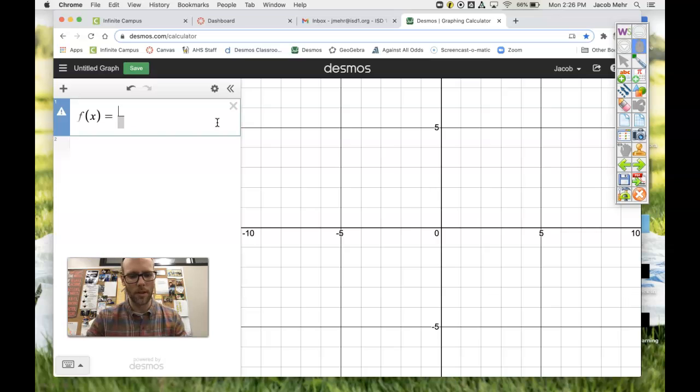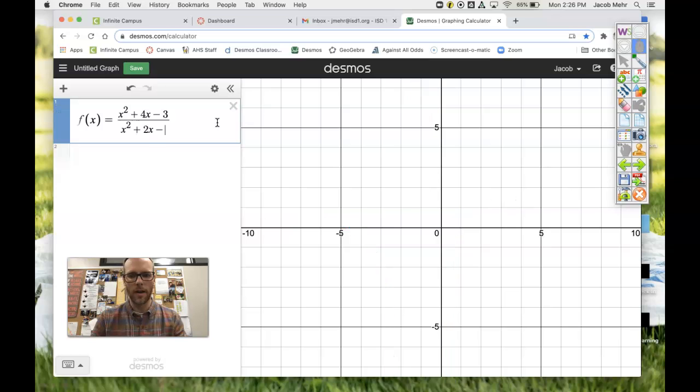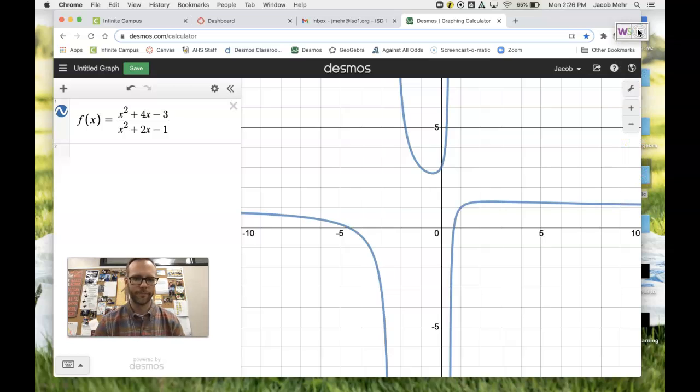Let's just make up something here. How about x squared plus 4x minus 3, and how about x squared plus 2x minus 1? Does this have a horizontal asymptote?